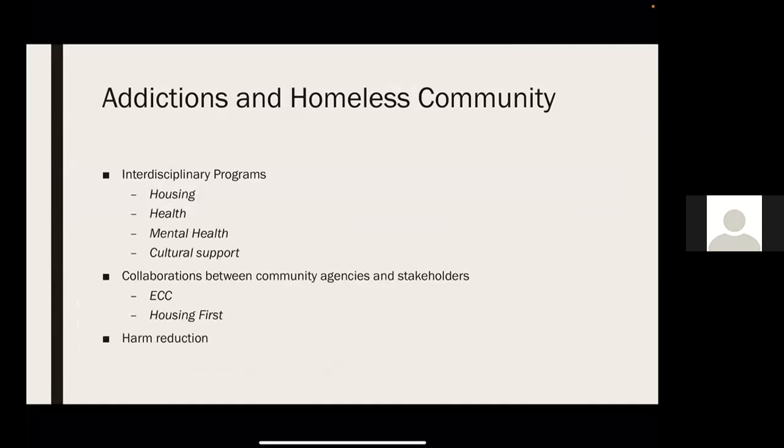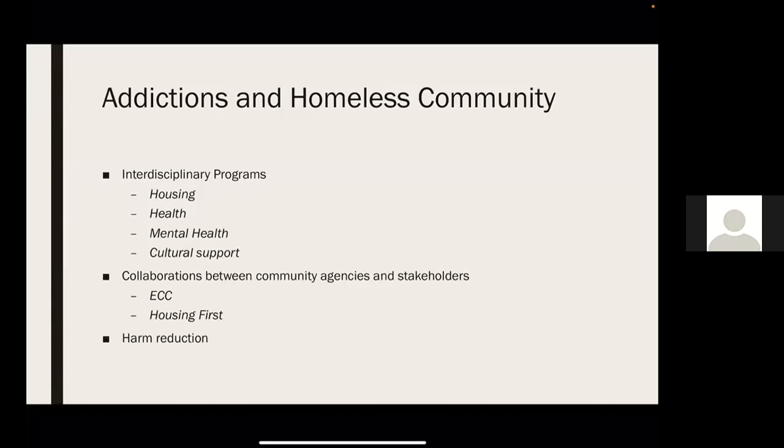So to assist our community members in having a better quality of life, there are some programs that are interdisciplinary. So housing, physical health, mental health, and cultural support often all work together for one patient or client that we have. We will address the housing issue, getting them into the housing first program.